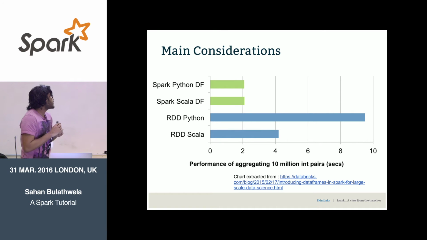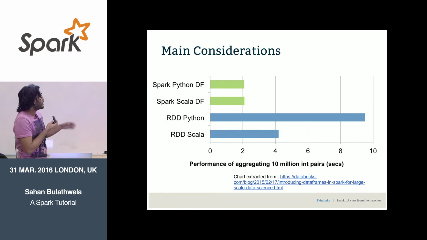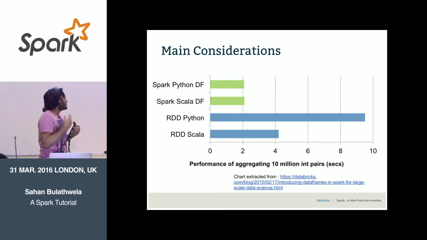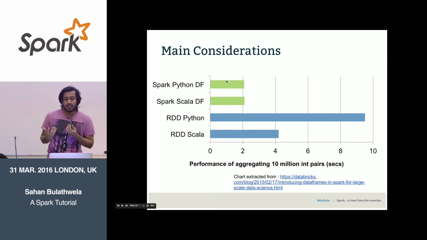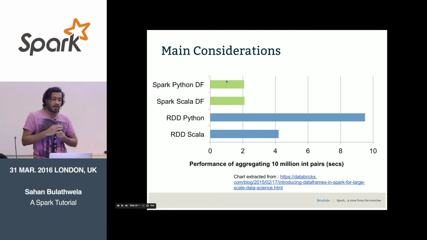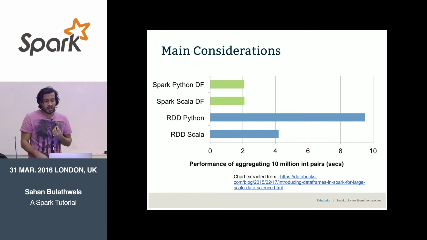This is a benchmark that Databricks came up with about a year ago. What this shows is the RDD API in Python and Scala, and then the Spark Python DataFrame and the Scala DataFrame APIs, and they are performing extremely well compared to the RDD API.